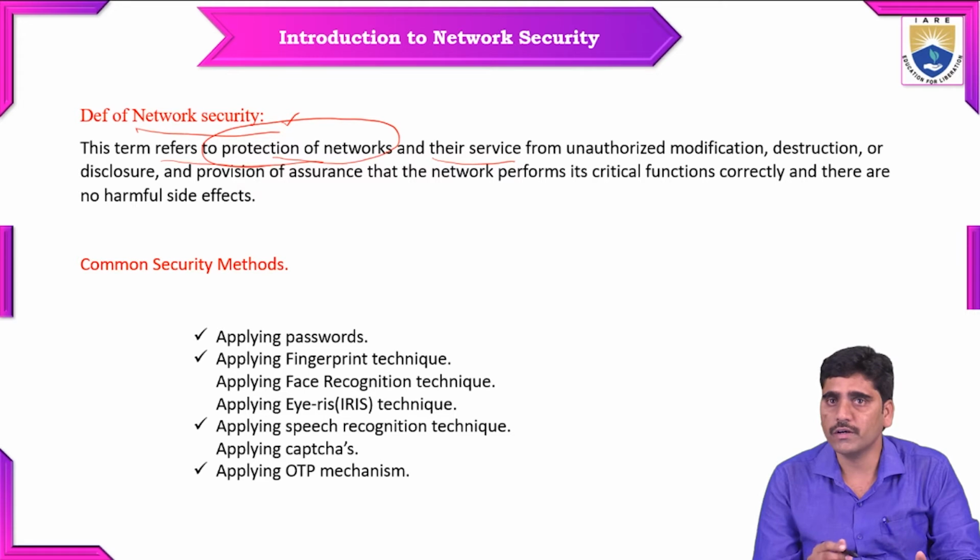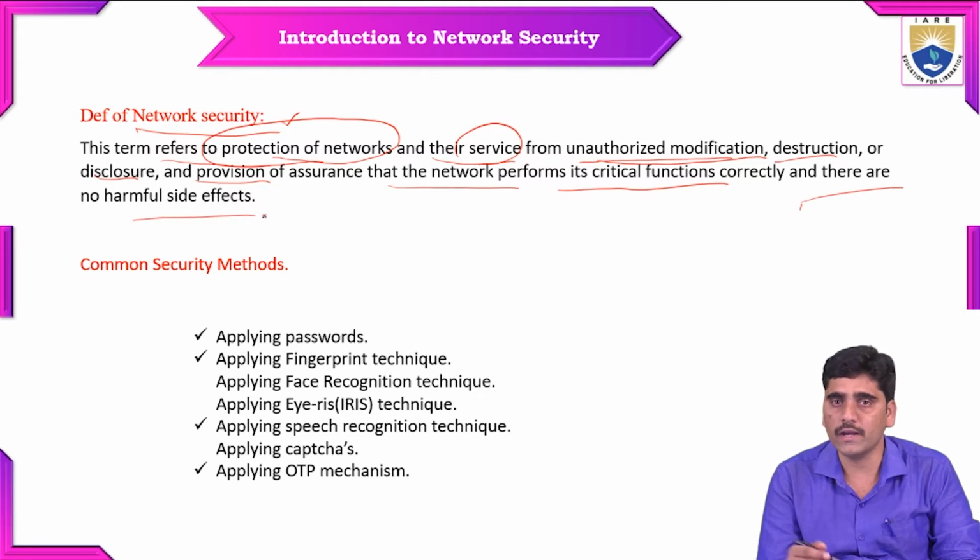Protecting the networks as well as their services from unauthorized modifications, destructions or disclosure, or provision of assurance that the network performs its critical functions correctly and there are no harmful side effects, without affecting any other issues.